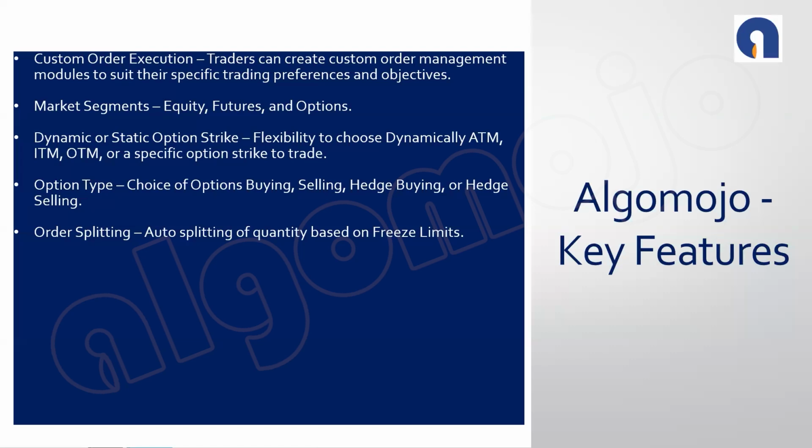So whenever a signal is generated for a particular stock, we will look at what is the capital allocated and what is the current trading price. Based on that, we'll generate the quantity and place orders. However, that is still under development. We expect that to be available for the users very, very soon. Hope that is what you're looking at.